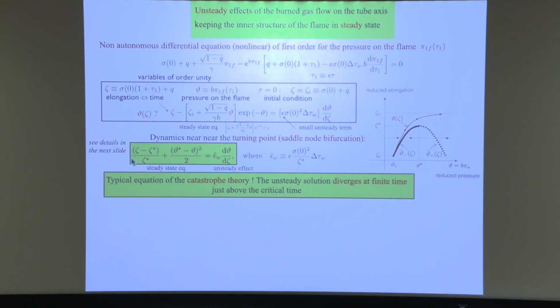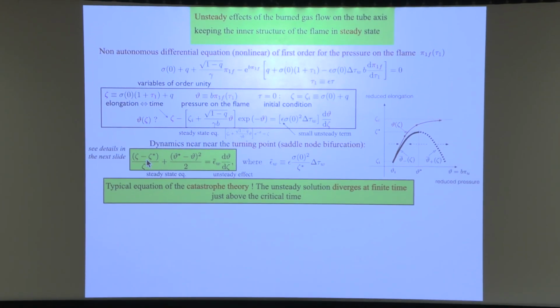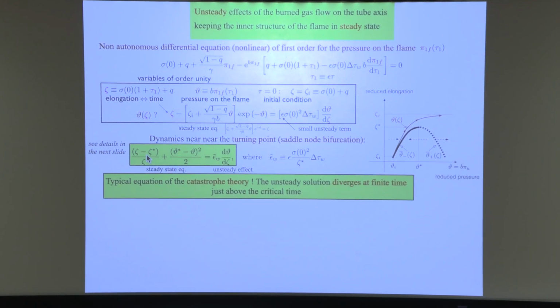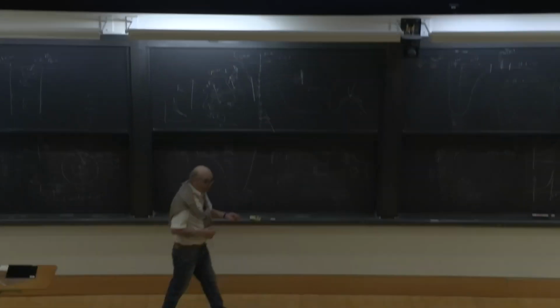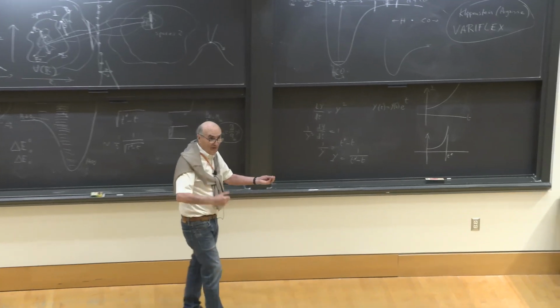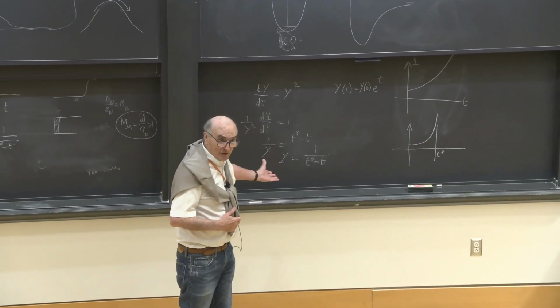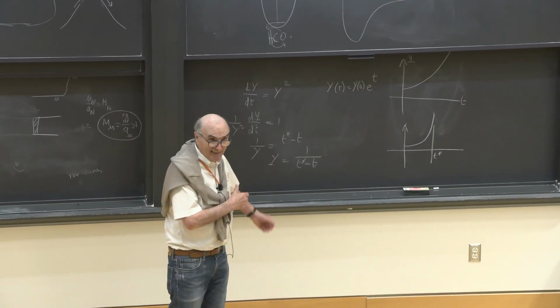And this time, finally, if I have a divergence somewhere, this is going to diverge, and this term is not going to be very important. So you should expect a singularity in finite time with this equation, based on what is called a Riccati equation.